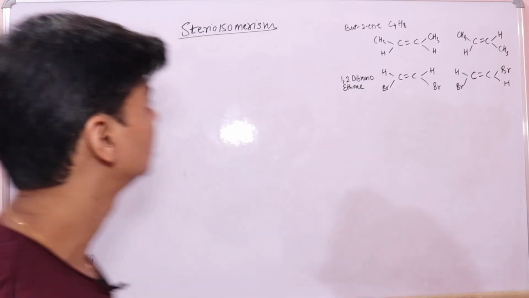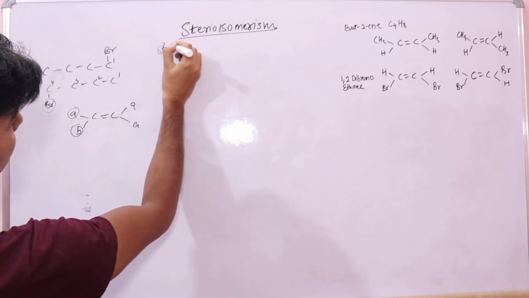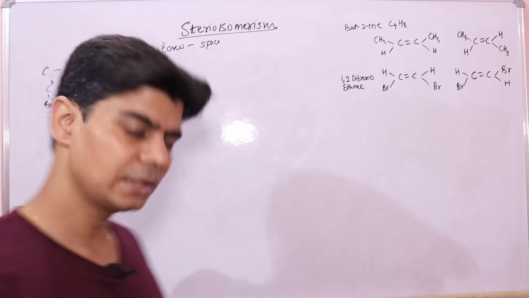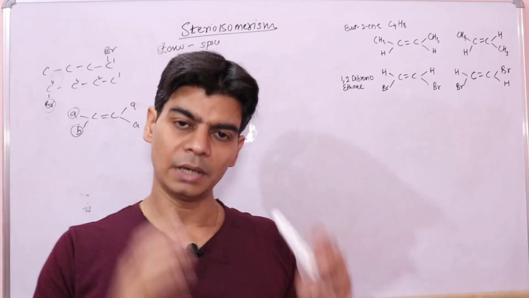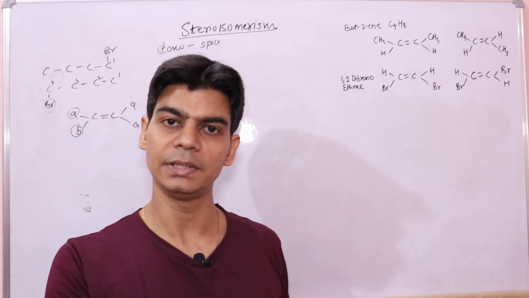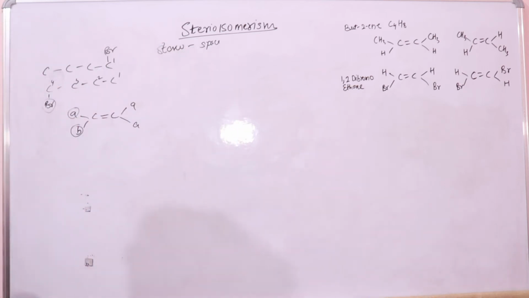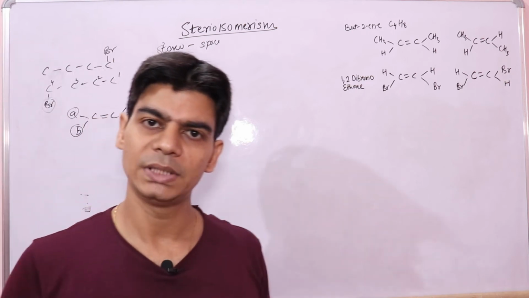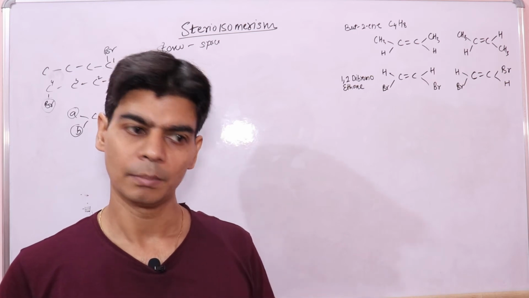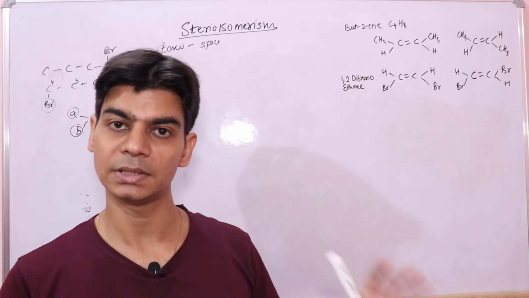In stereoisomerism, the word stereo means space. And when we talk about space in organic chemistry, we mean the arrangement of atoms or groups in space, how these atoms are arranged in space with respect to one another. So here the chemical structure would be the same because atoms are connected in the same way, but how they are oriented in space is different.